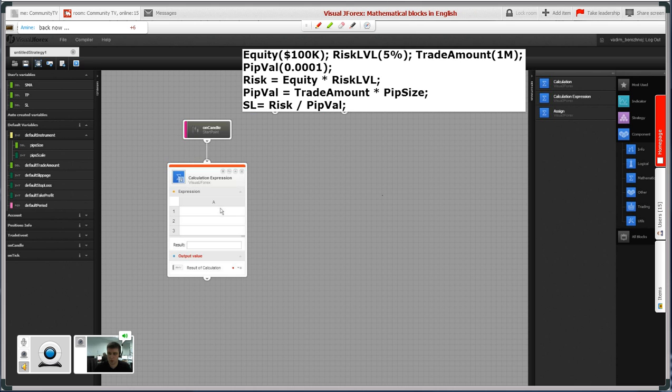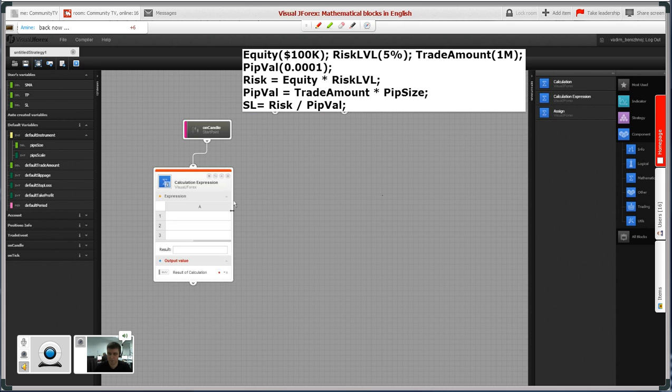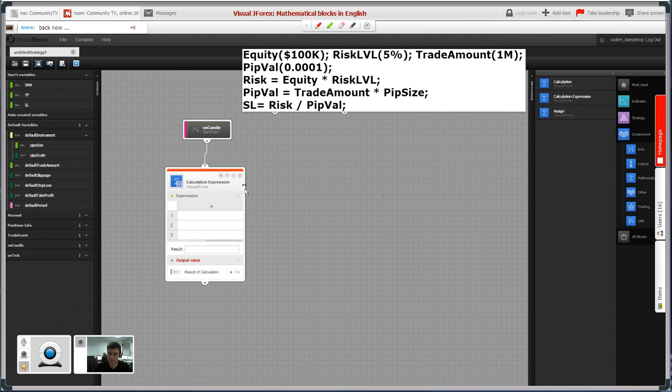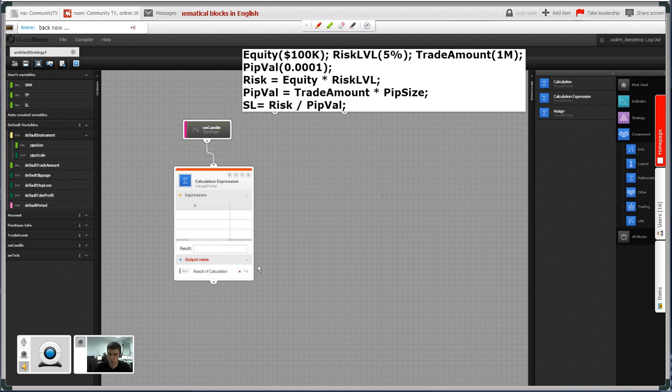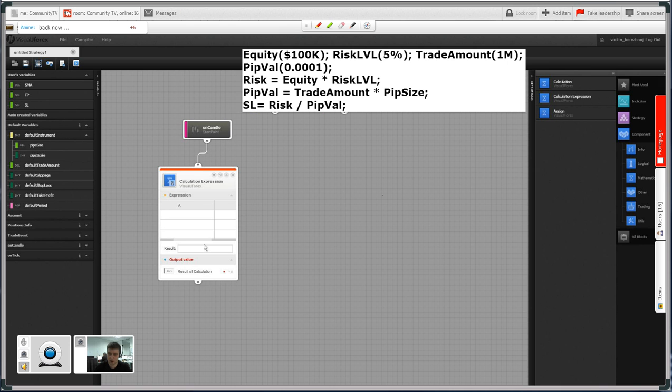We are adding columns because we need a little bit more. One moment. That's strange. Okay, we can add several rows.